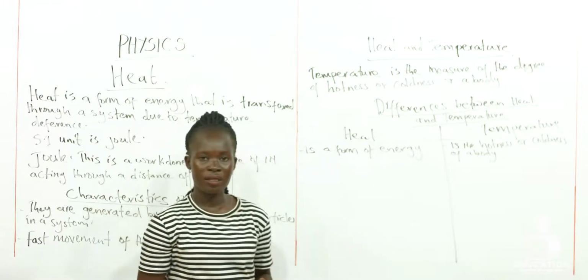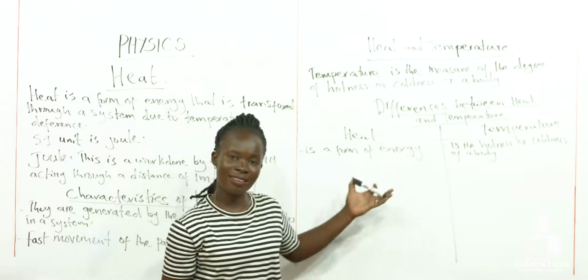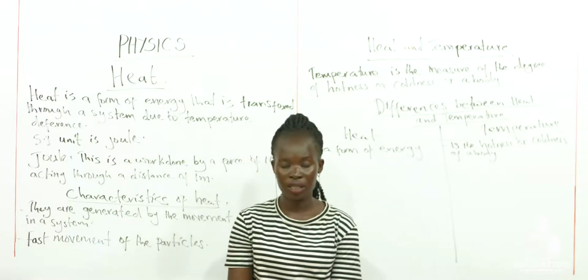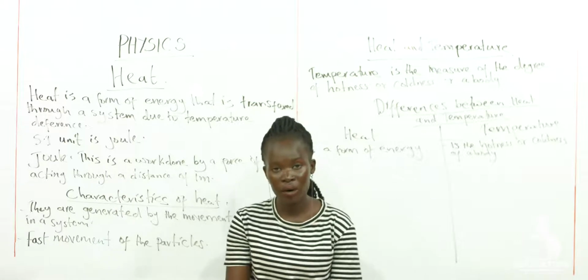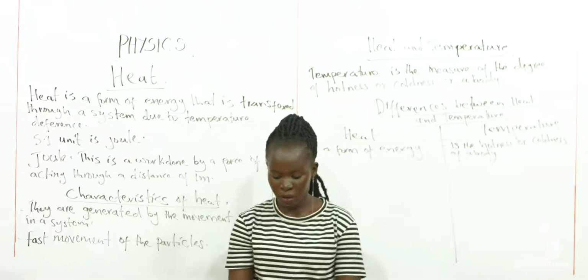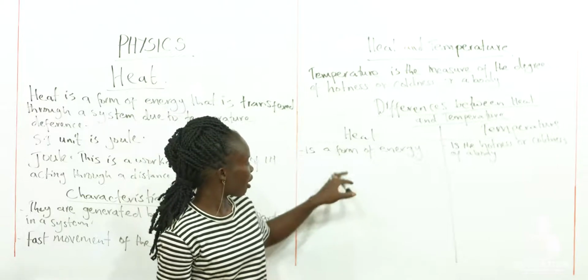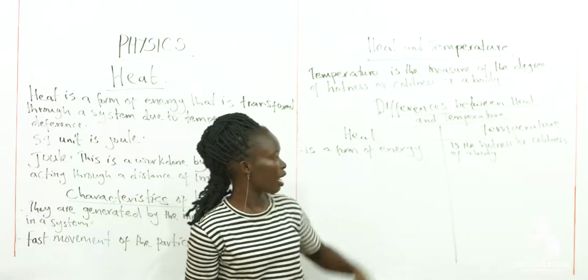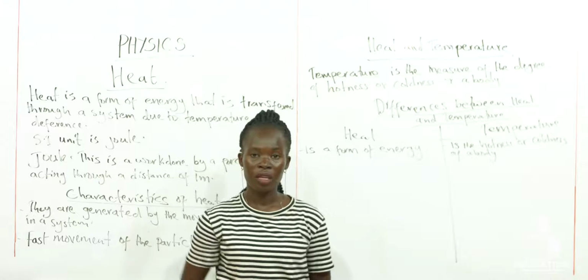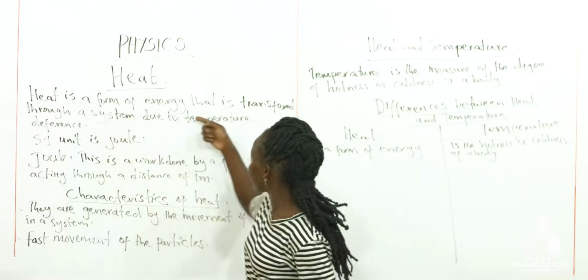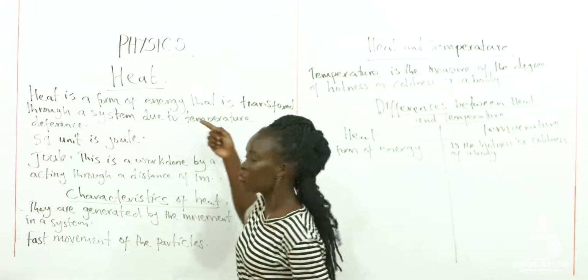What about after doing that? Is this the only difference we shall have between heat and temperature? No, it is not the only difference, but we have so many other differences. You find out that heat can flow. That one is still from the definition. They're saying it's a form of energy that is transferred.